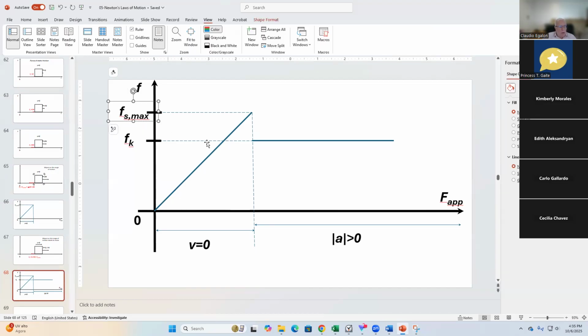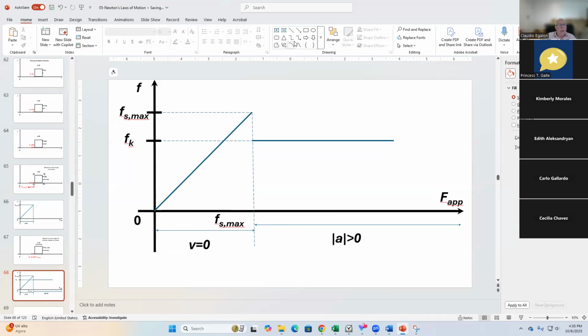At this point right in here, the applied force is exactly equal to the maximum value of the force of static friction.